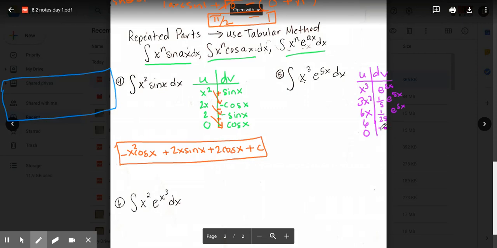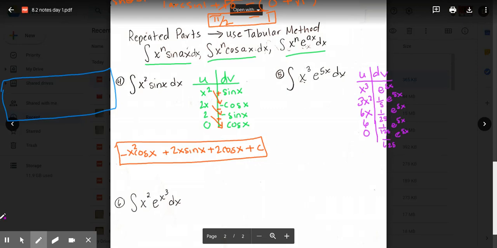Then 1/125 e to the 5x. Then 1 over 625 e to the 5x. All right, let me make sure my math is good here.